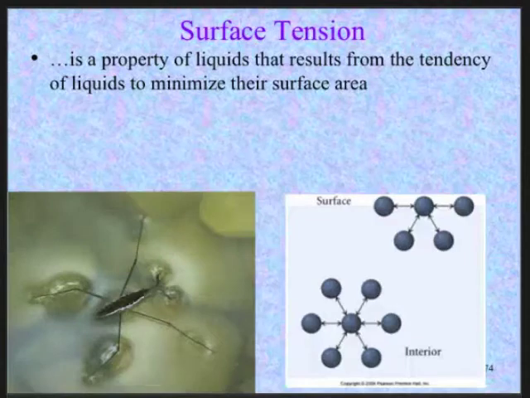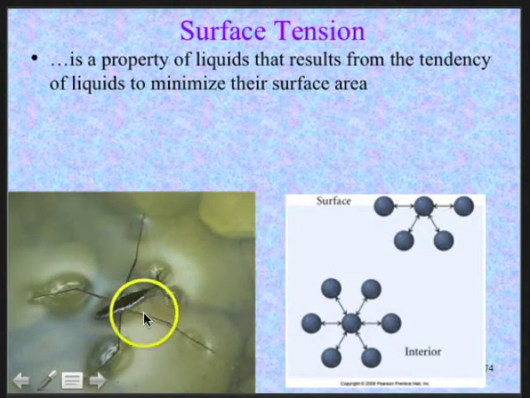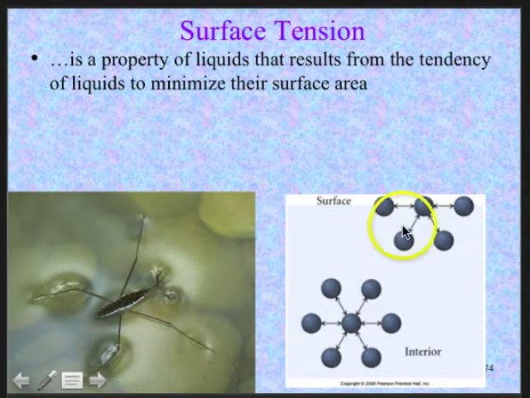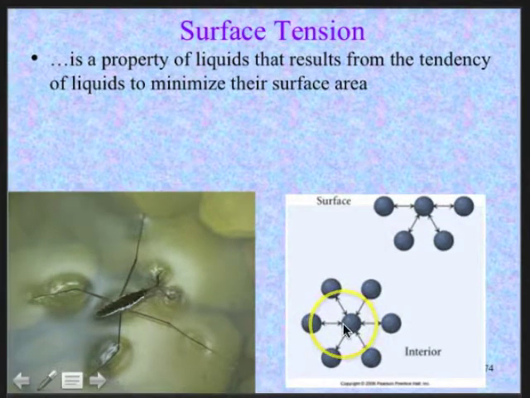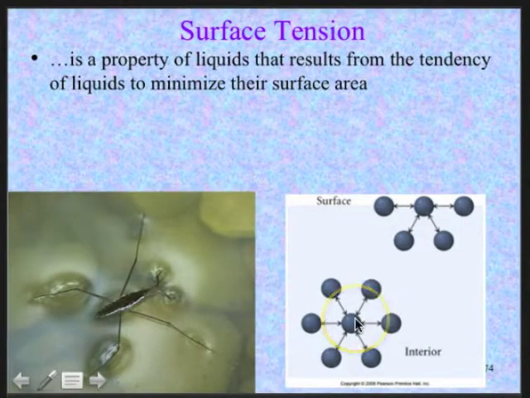Surface tension is the tendency of liquids to minimize their surface area, which creates a kind of skin at the surface that resists penetration. Do you see how surface molecules of the liquid have fewer neighbors than interior molecules? If these molecules have significant interparticle attractions, and water certainly does with its hydrogen bonding, that makes the surface particles inherently less stable than their interior counterparts, with a higher potential energy.